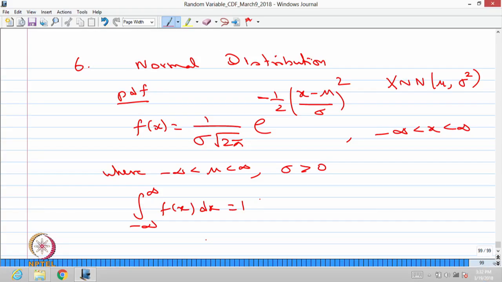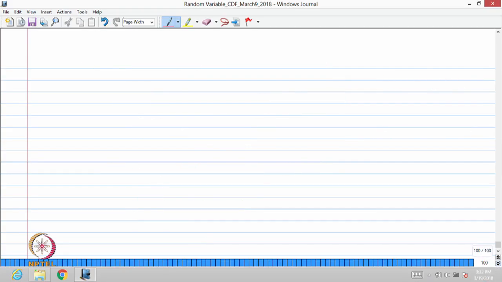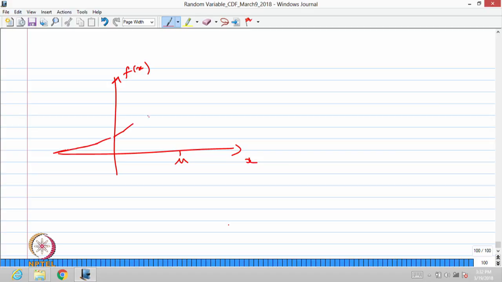We can draw the probability density function of this. Suppose mu takes a value here, then you can draw the diagram of f of x. It is asymptotically 0 at minus infinity as well as plus infinity, it keeps increasing, and it has the maximum value at mu.